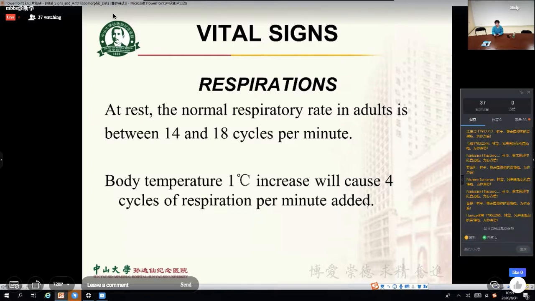So if the patient has a basic respiration rate of about 14 at 37 degrees, but at 38 degrees the patient may have 18 cycles of respirations. So every Celsius degree increase of body temperature will add 4 cycles of respiration. This is how we measure the respirations.